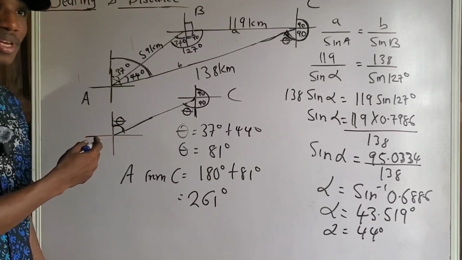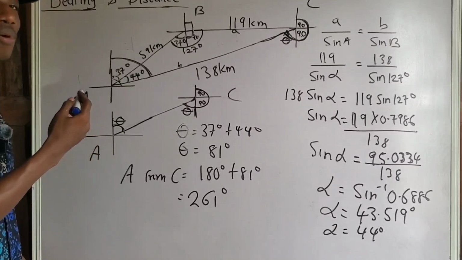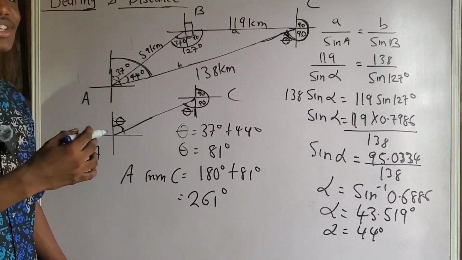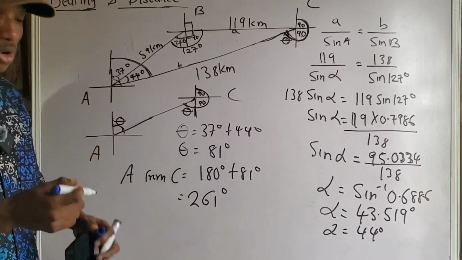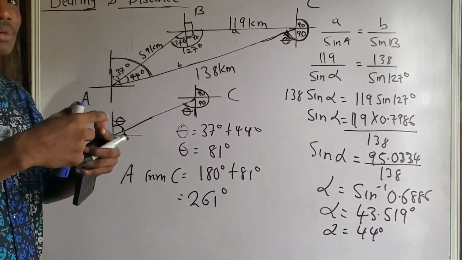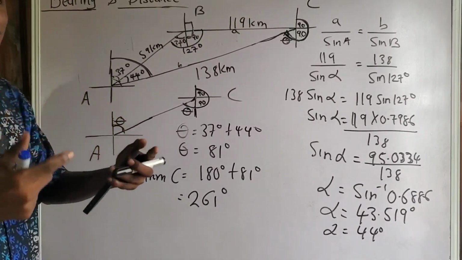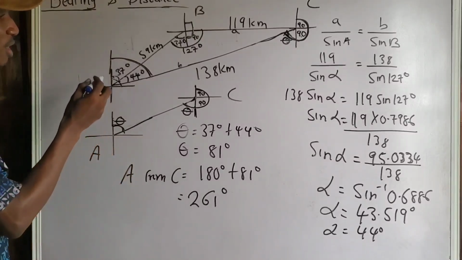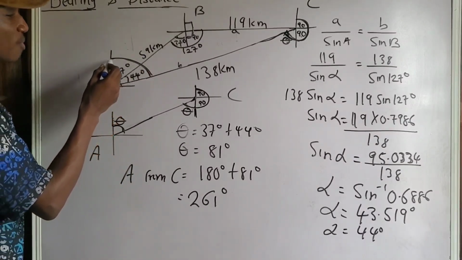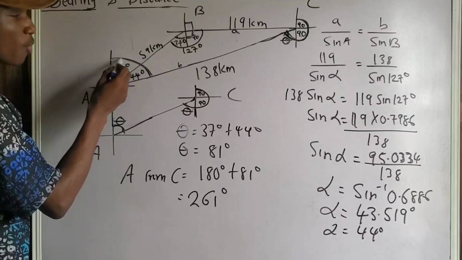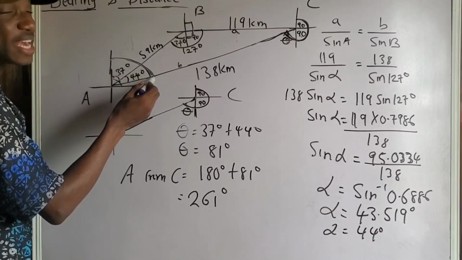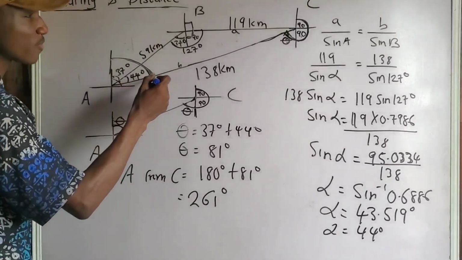Because in bearing, we are trying to measure the direction between 2 points, and this direction is measured in degree. So the bearing of C from A will be the sum of angle that ranges from the North Pole to the line that goes from A to C.